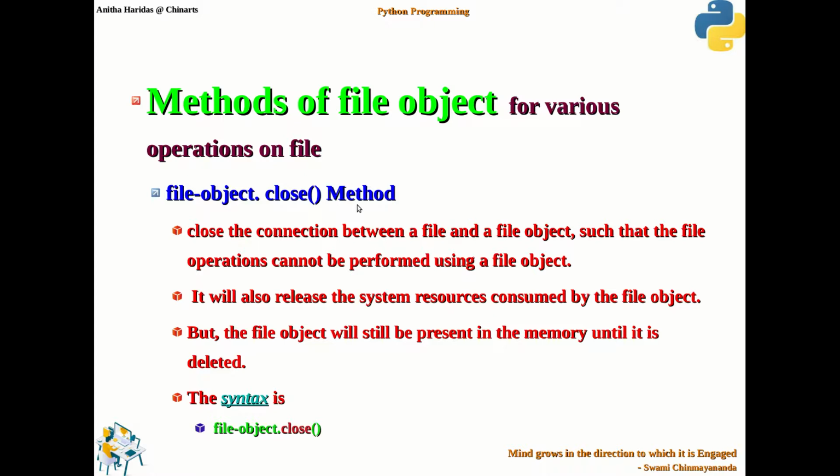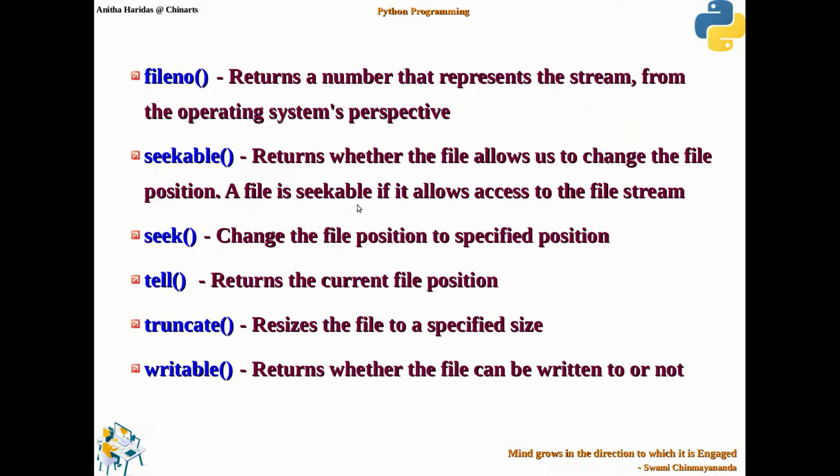So sometimes you may want to change the position of the file pointer, so that you don't want the pointer to be at the beginning. You want the pointer to be in some particular position. In that case, you want to check whether the file allows you to change the file position or not, for which I can use the seekable method.